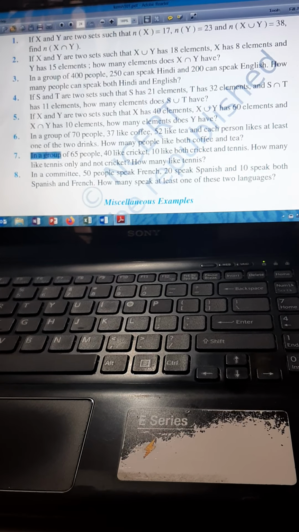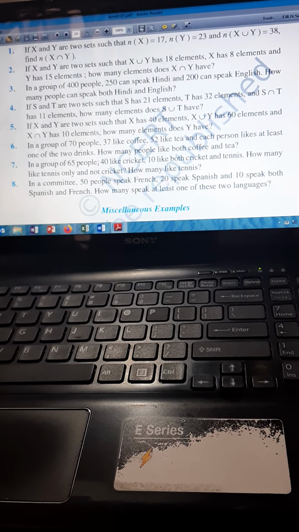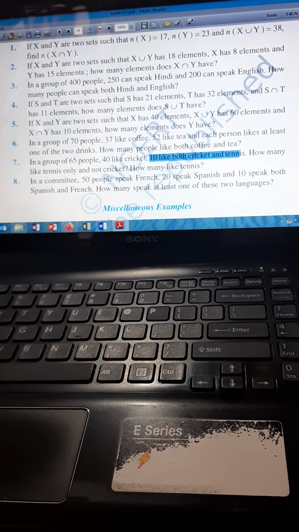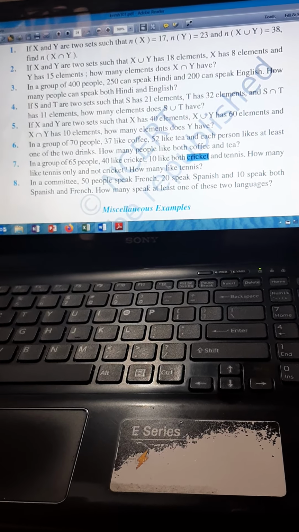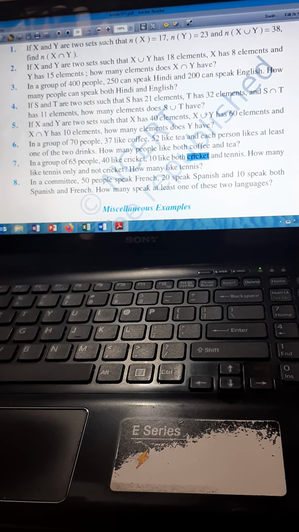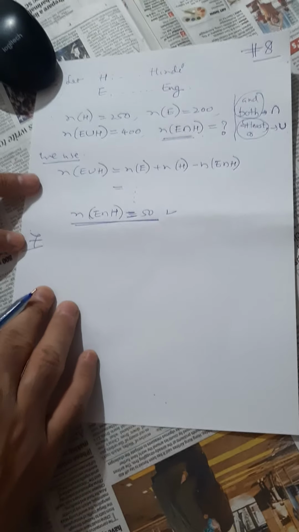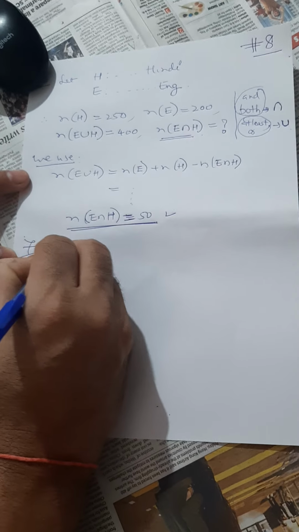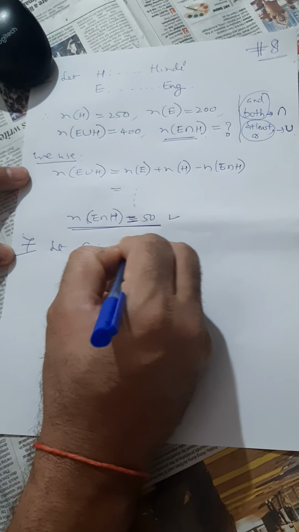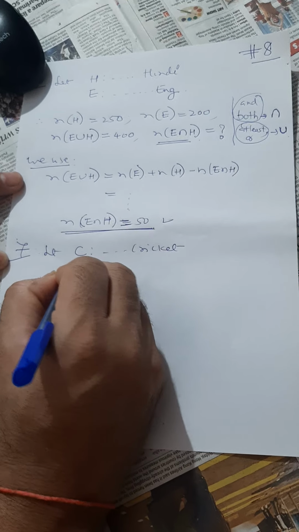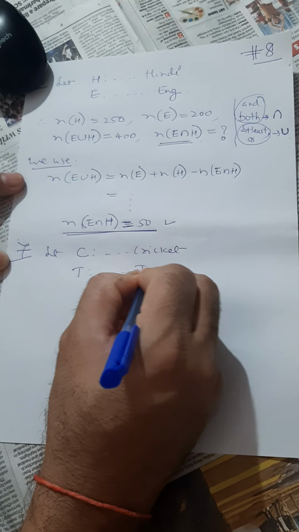I'll go to the 7th question. In a group of 65 people, 40 like cricket, 10 like both. Both means intersection, remember. How many like tennis only? And how many like tennis? So let's see this 7th question. I'll write here, let C be the people who like cricket and T be the people who like tennis.